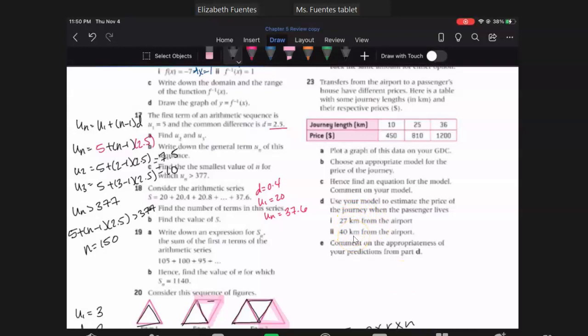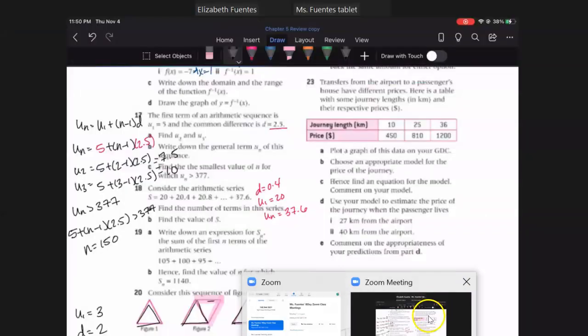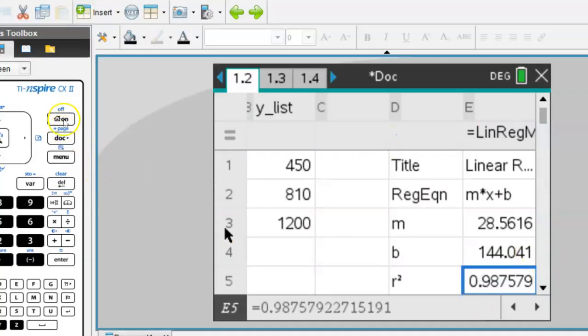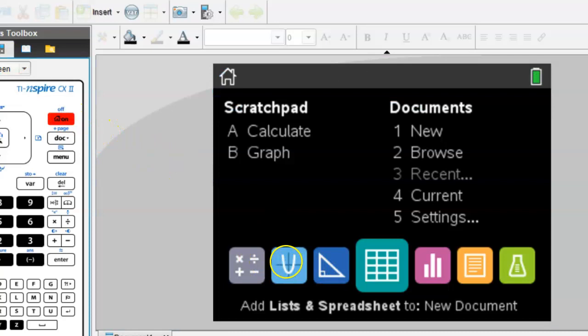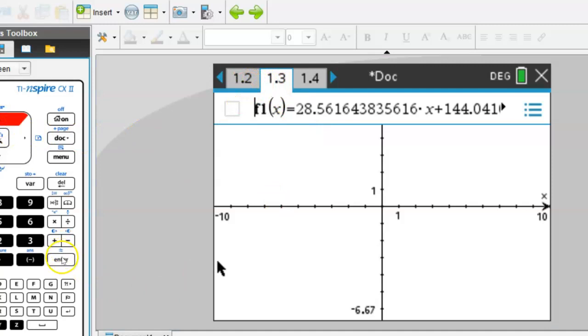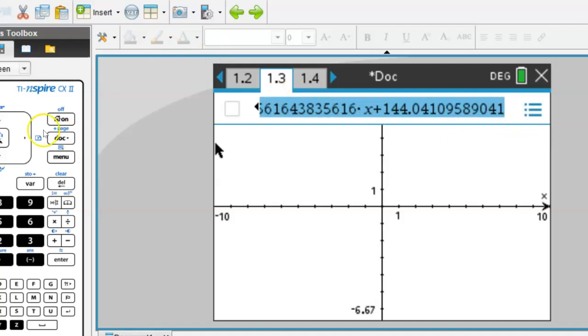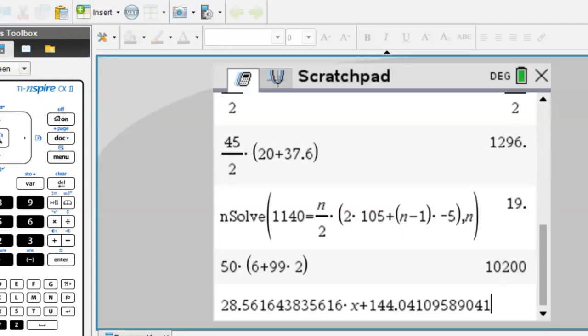Use your model to estimate the prices of the journey when the passenger lives 27 kilometers away from the airport and 40 kilometers away from the airport. So, to figure out these, we go back to my calculator, I go back to my graph. My graph is right here. I want to copy the function and calculate.